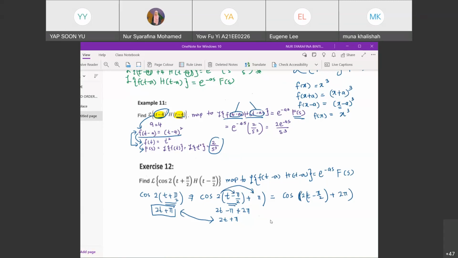So far so good up until here. Understand or not?